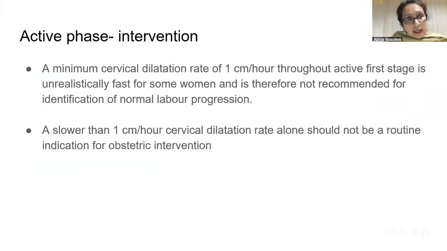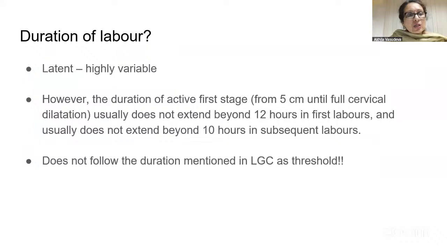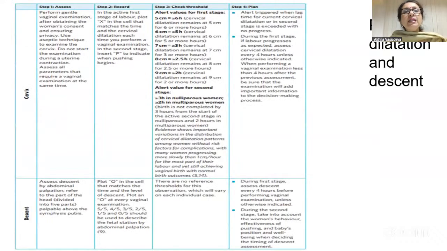Now, predominantly based on that particular paper, these are the upper limits that were given to the rate of dilatation. One more thing they realized is between 5 to 7 centimeters, women took a much longer time to dilate. And once they reached 7, 8, 9 centimeters, they took shorter and shorter time to dilate.